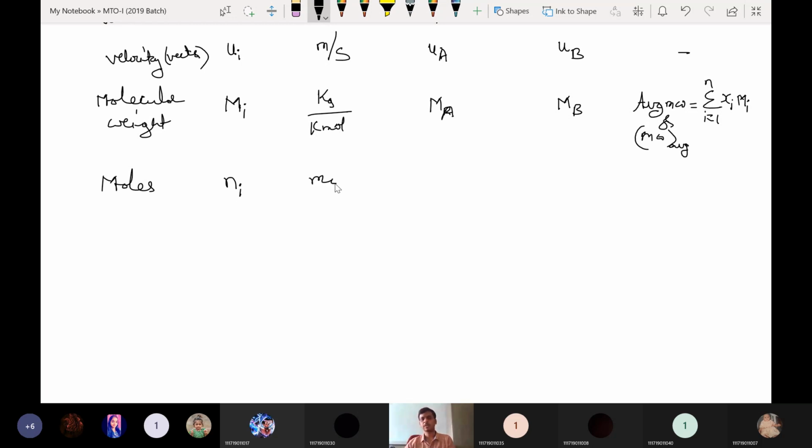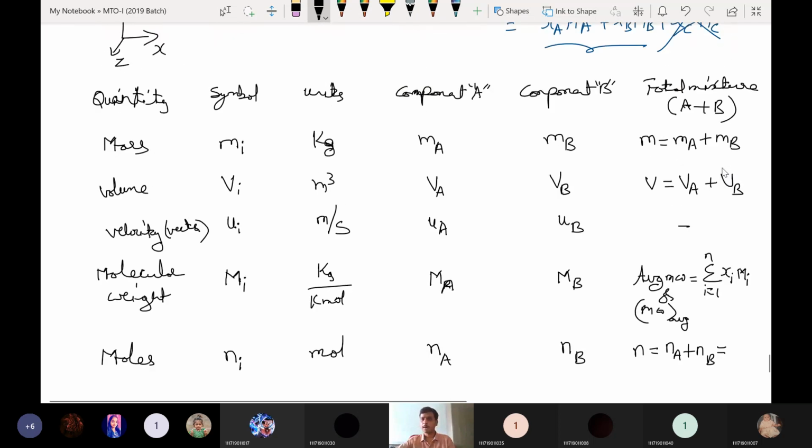For component A it will be small n subscript capital A, and for component B small n subscript capital B. Since this is also an additive property, we can denote n is equal to Na plus Nb, or otherwise we can write moles is equal to mass.